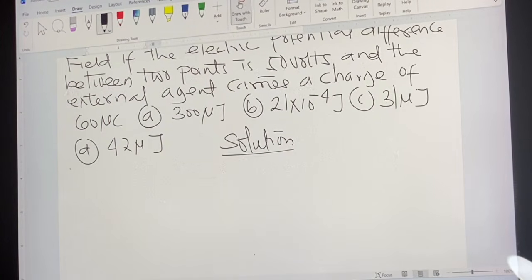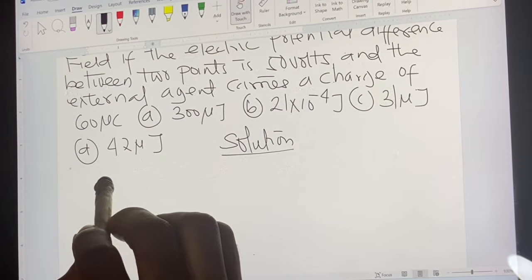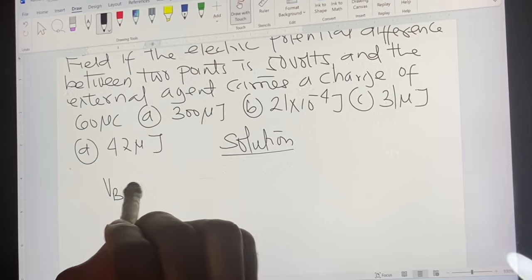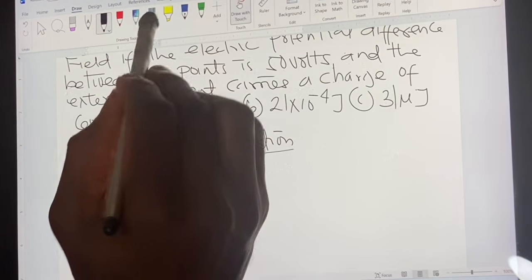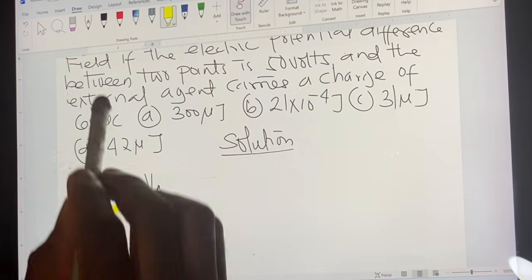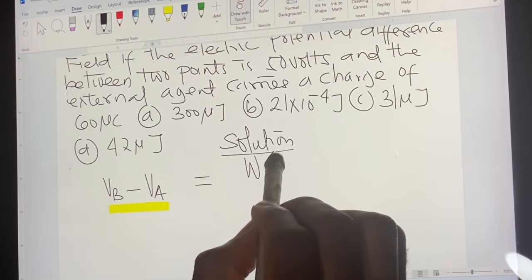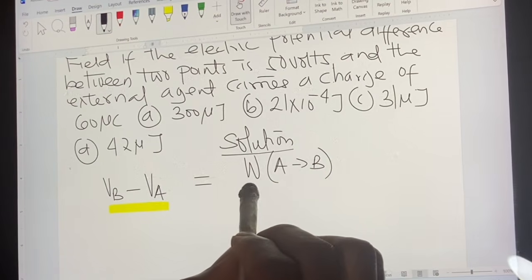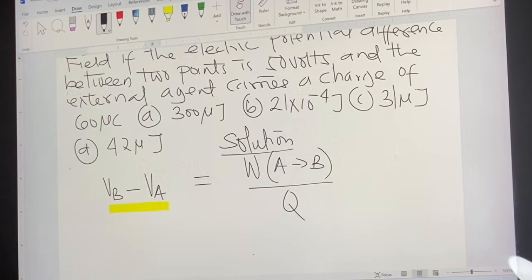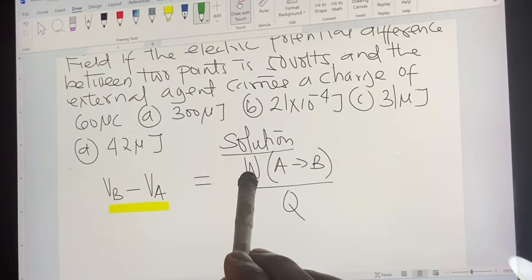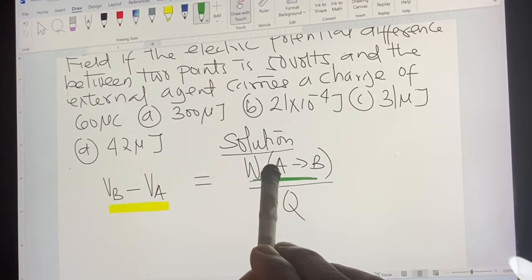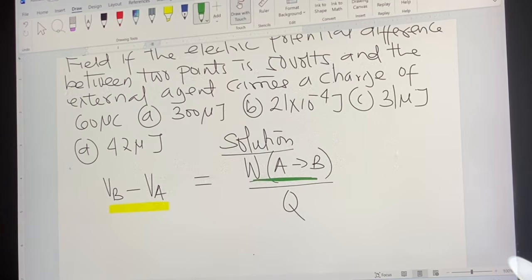To find potential difference related to work done, we use this formula: VB minus VA, which represents potential difference, is equal to work done from A to B over Q. This work done represents the external work done moving from point A to point B. We use this formula to calculate potential difference related to work done.